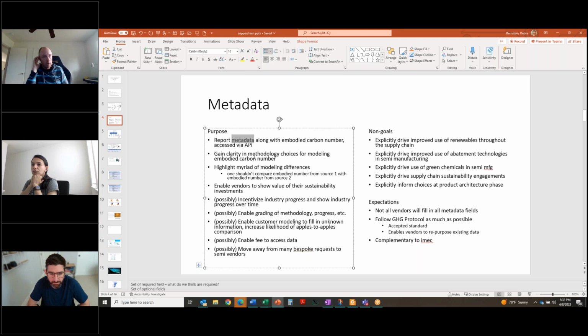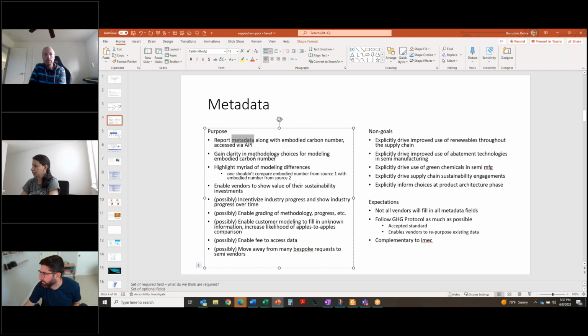And so it would really help people to understand, if I see vendor number one says, let's say, GPU embodied carbon is 1,000 kilograms, and company number two says my GPU is 10,000.